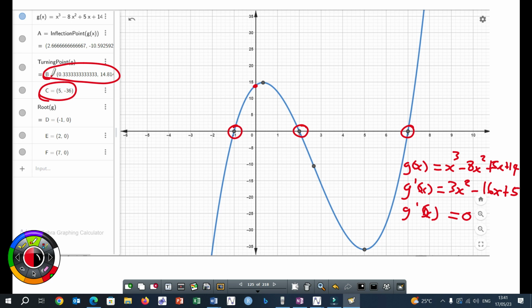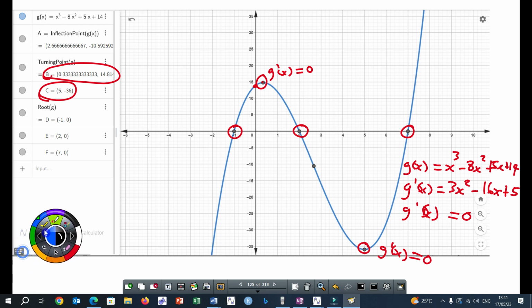Now it's also important for you to know that at the turning points, the derivative is 0. At the turning point, g prime of x is 0. At the turning point here, g prime of x is 0. Okay? And this point here is also called a local maximum. That's another terminology.